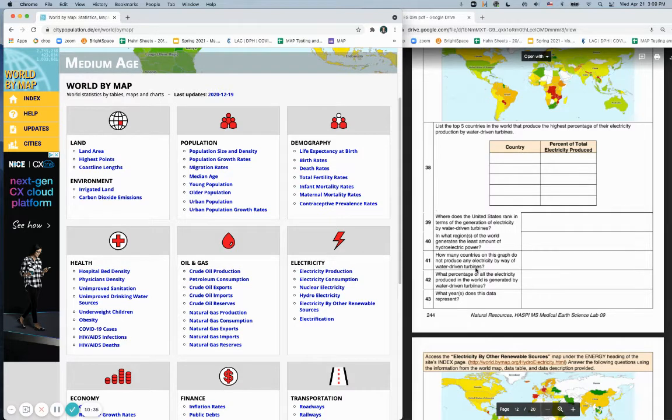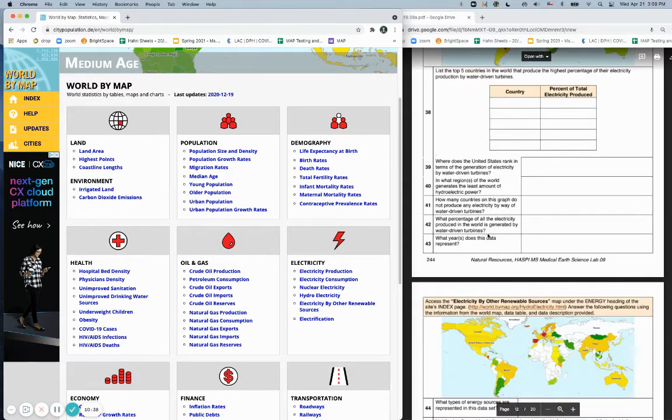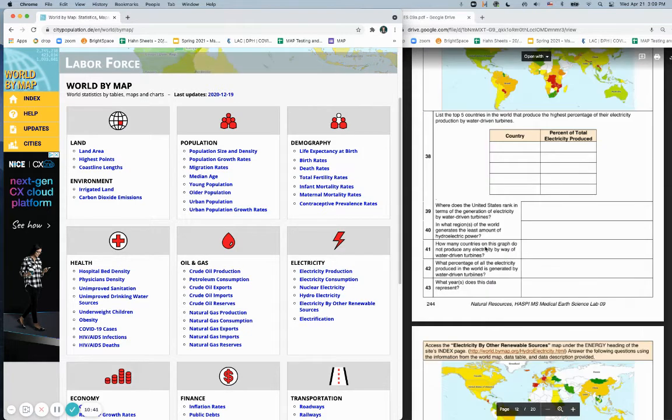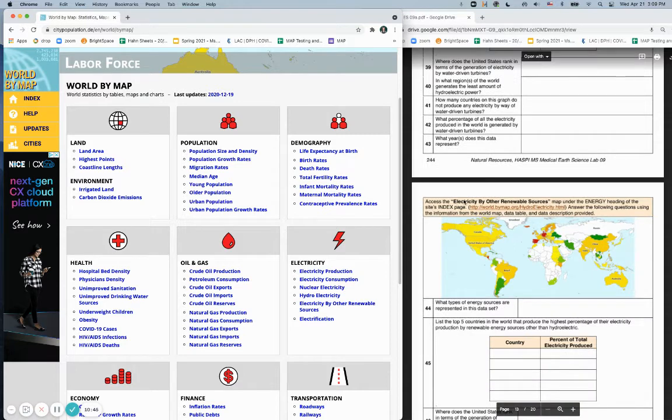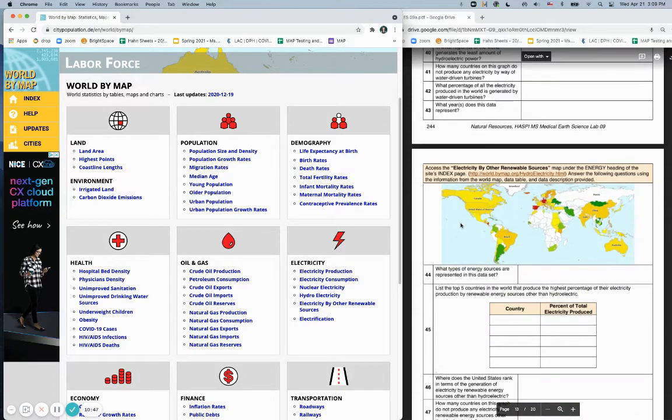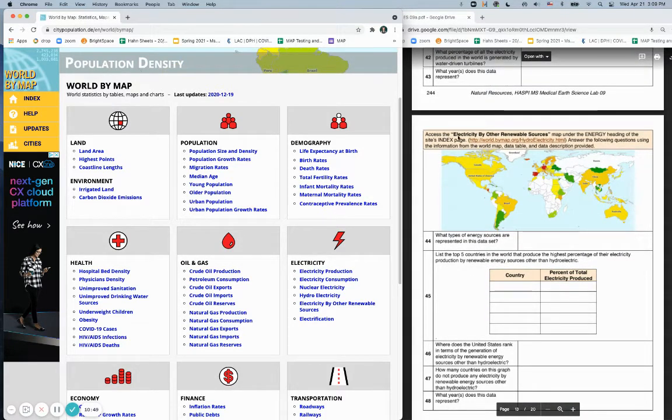And if you're interested, you can Google a picture of hydroelectricity and you can see how they work and how dams produce electricity.